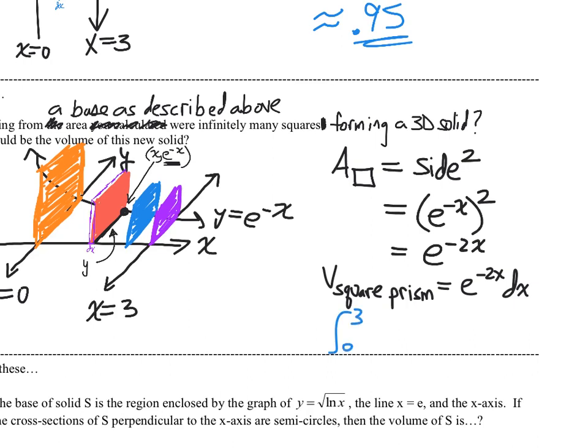So I integrate every possible square prism volume over the interval of 0 to 3. The integral is the collection of infinitely many of these square prism volumes over that interval.